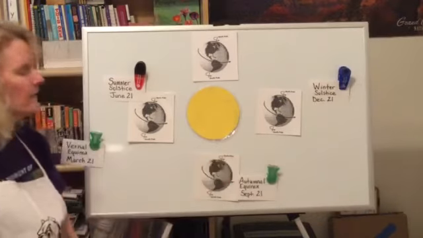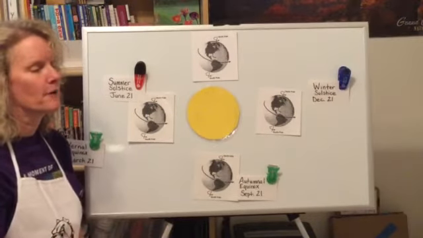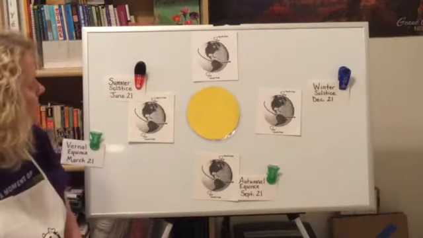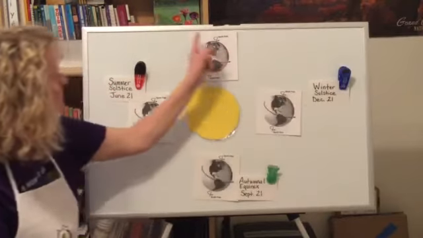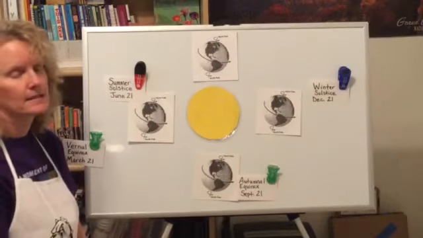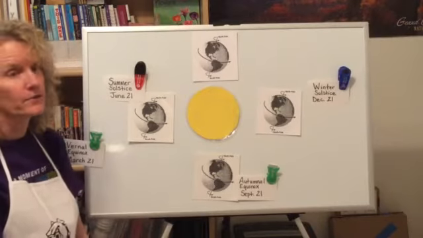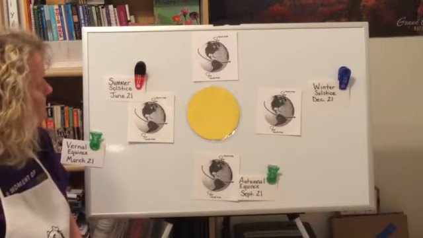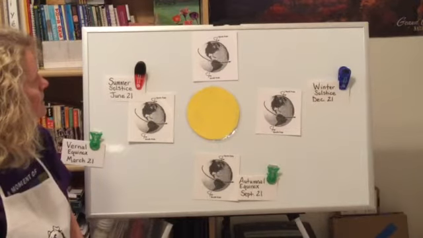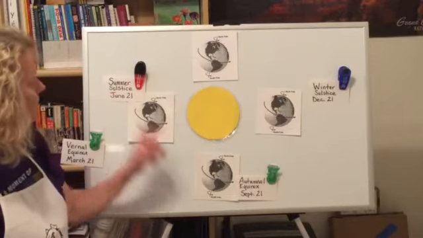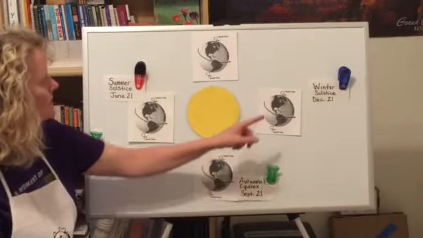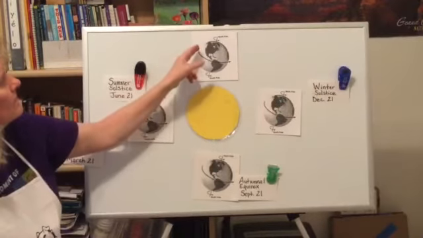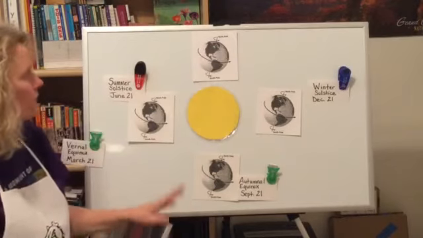You might want to think, if seasons are hard for you to remember the right order, you could come up with an acronym. Like, take the first letter of each season and come up with a sentence, kind of like we did with the layers of the atmosphere. So you might want to say, summer always was vigorous for vernal.